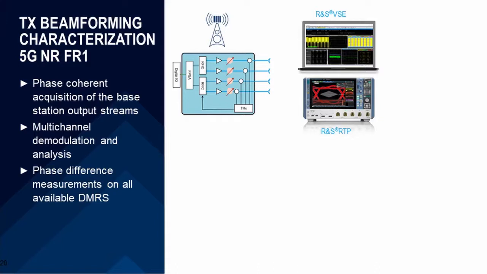For this, we have the R&S oscilloscope, the RTP model, and together with the RTP, you need a software called VSE, the Vector Signal Explorer. The base station's 4 output streams are directly connected to the 4 channels of the oscilloscope, and the oscilloscope is by default phase coherent. So phase coherence is provided by design.